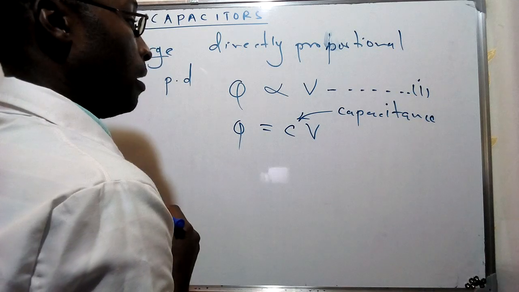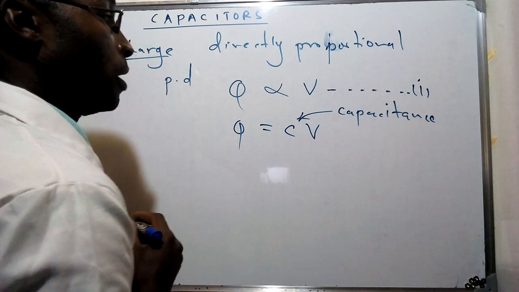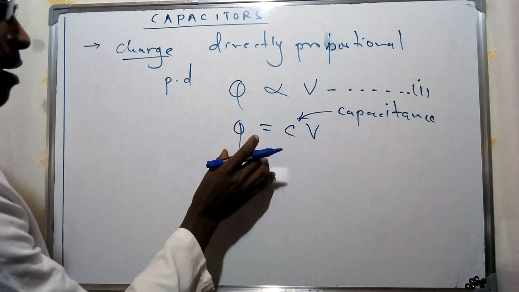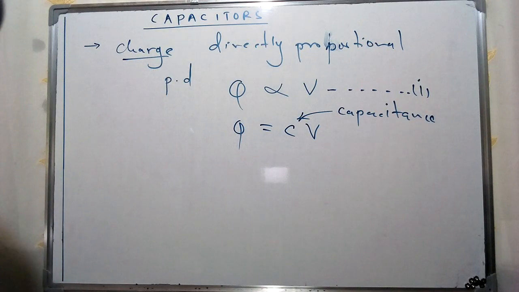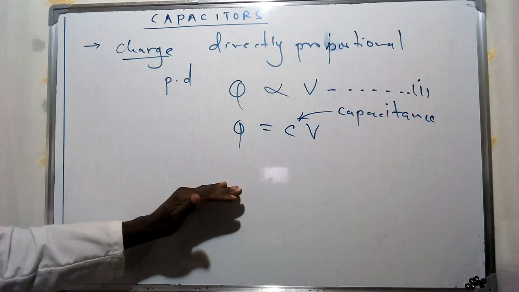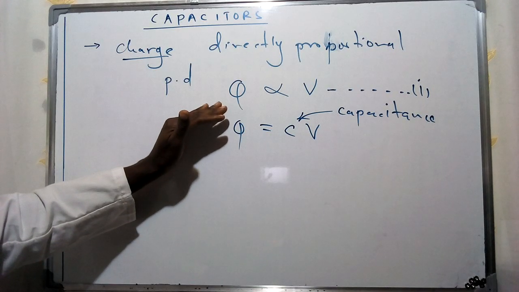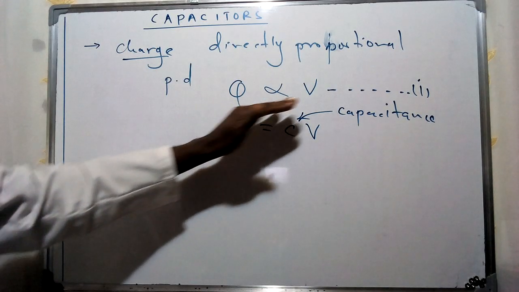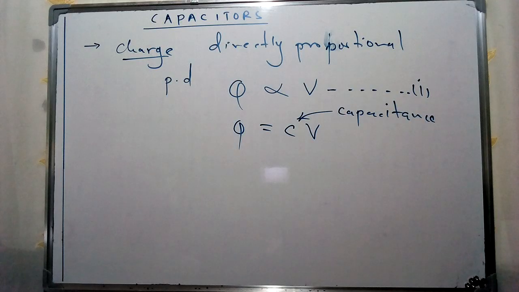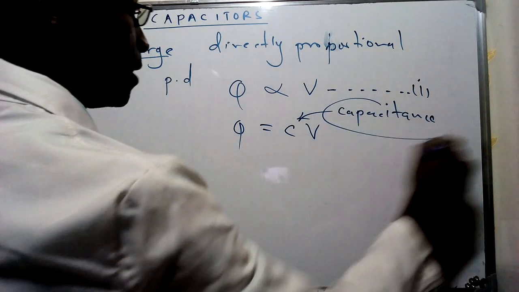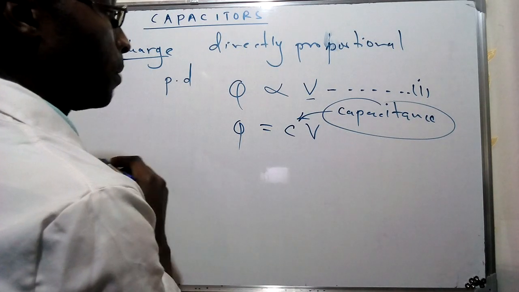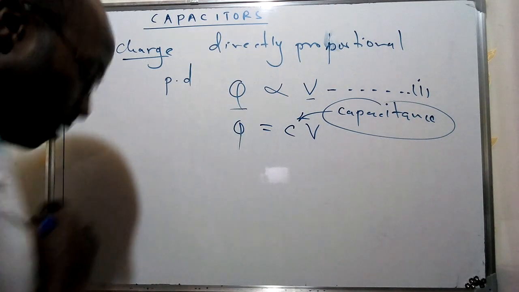This is a ratio, as we're going to see: the relationship between the amount of charge stored and the potential difference between the two plates. In this particular case, we come up with this specific term, whereby V is the potential difference and Q is the amount of charge.